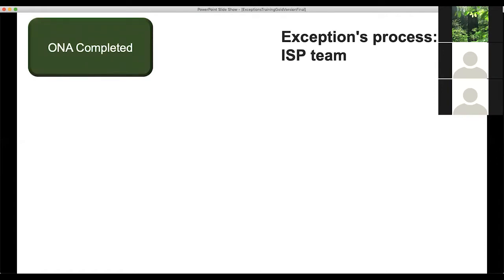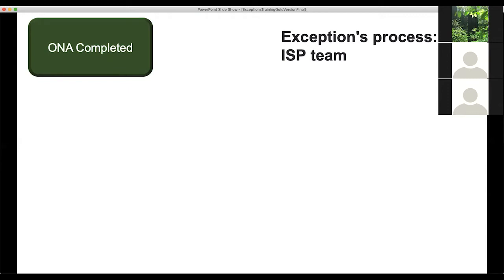Does the ONA reflect the person's current needs? If the answer is no, we're going to go back to the step of ONA completed, which means we need an updated ONA completed by a certified ONA assessor. The ONA basically establishes the service group and payment category, so we need to make sure that the ONA is accurate and that the resources are available through that payment category.